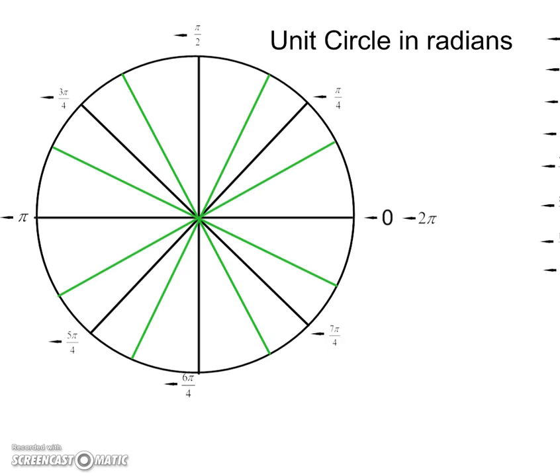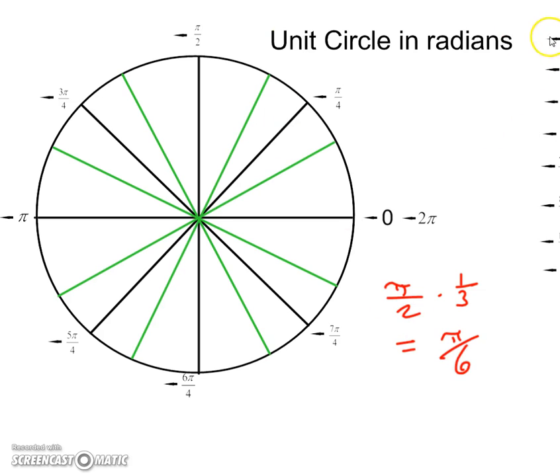We can also count by increments of 30 degrees in radians. So if I divide this 90-degree angle, this pi over 2 radian angle, into 3 parts, then I get 1/3 of pi over 2. Pi over 2 divided by 3, which is the same as times 1/3, equals pi over 6.